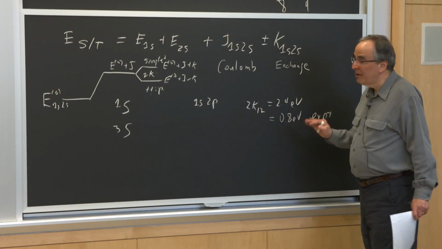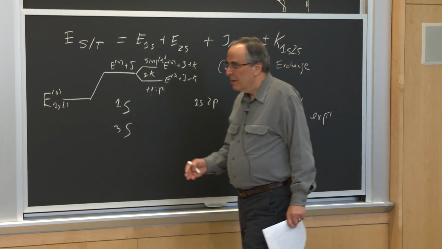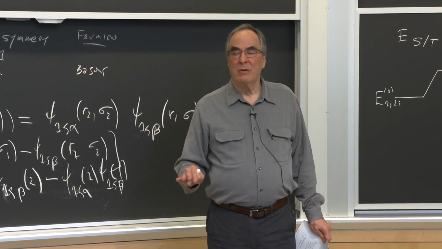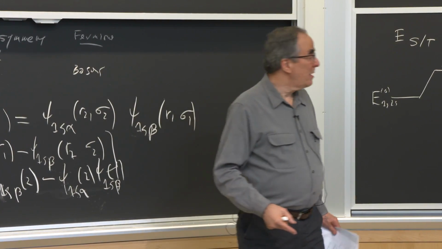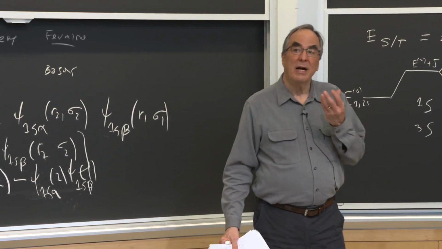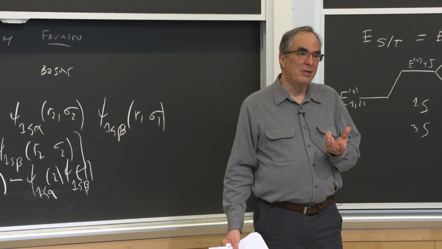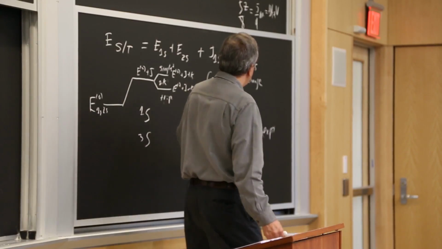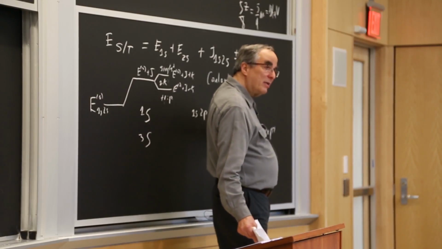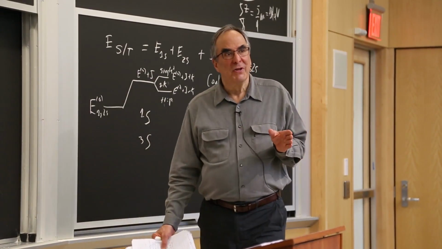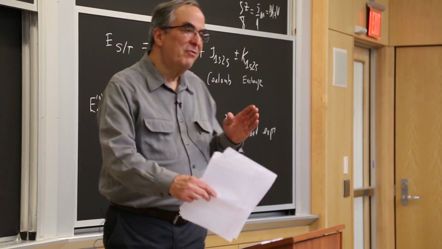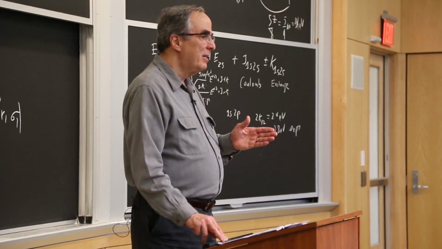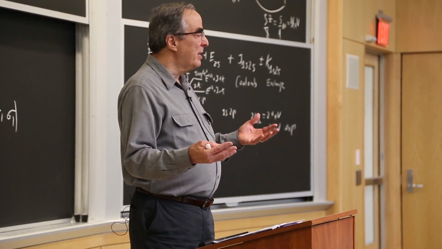Okay, so there's several lessons, and that is, we have something that's completely classical, and we understand what it is. And then we have this extra thing that is a consequence of the permutation symmetry. And so this extra thing is, we calculated too big, but it says that if we have states that belong to the same electronic configuration, in other words, if we specify the orbitals that are occupied, there's going to be more than one electronic state.